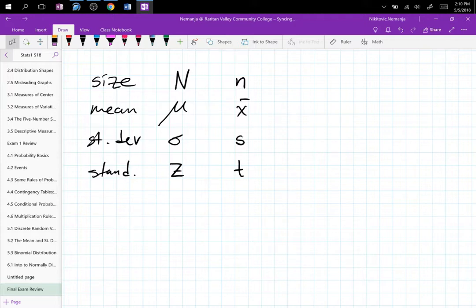When you are calculating mu, you take the sum of all x values and divide by how many there are. And for x bar, you do the same thing: you sum all of the x values and divide by how many there are in the sample.